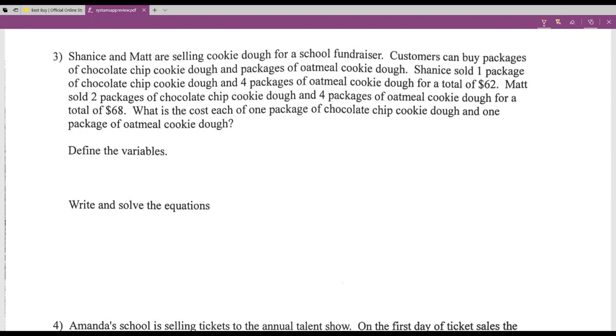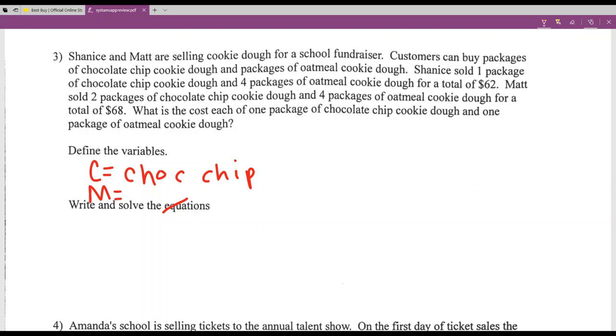All right, so I'm going to define our variables here. For chocolate chip, we can say c equals chocolate chip. And o looks too much like a 0, so we're going to use m for meal.